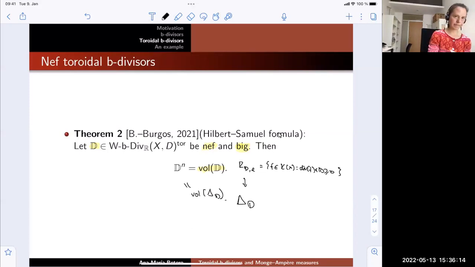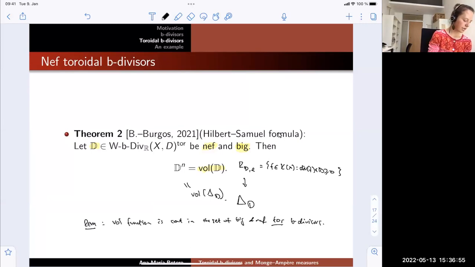But maybe before that, I just want to make a remark about this volume function. You say that a b-divisor is big if the volume is strictly positive. This is just the generalization of the classical definition. And then the volume function is continuous on the set of big and nef toroidal b-divisors.